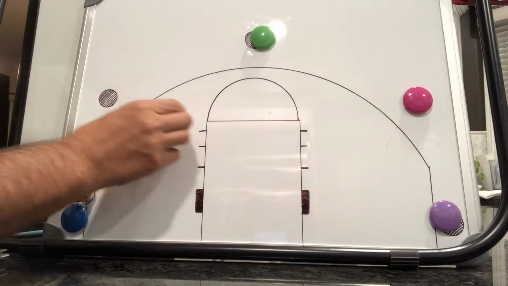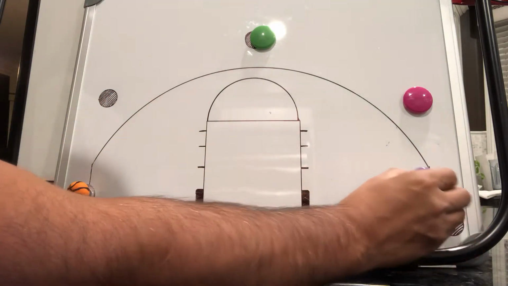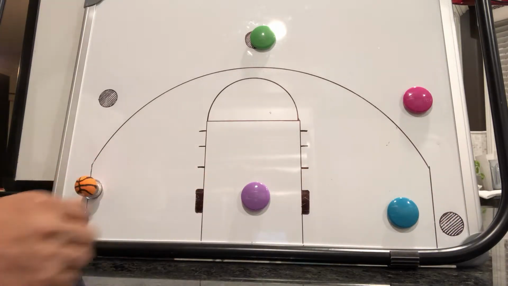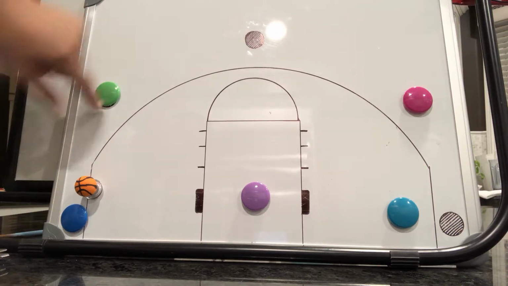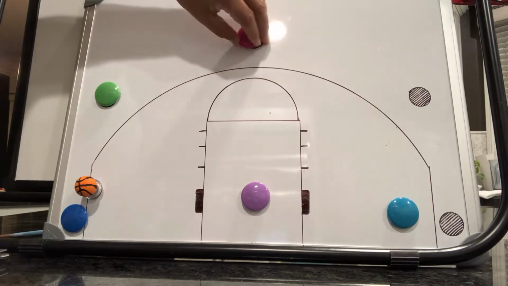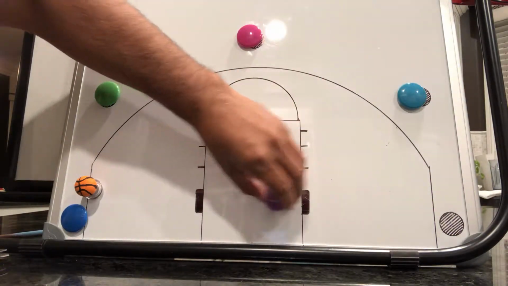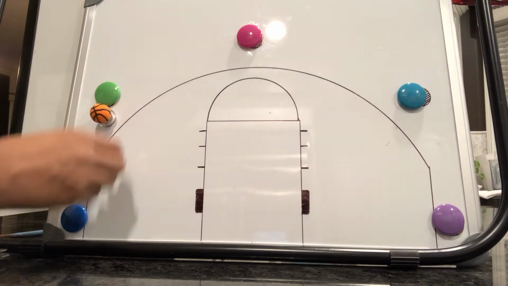He can actually go and set a screen here. Then he curls around the screen. You can feed him. In the meantime, he needs to fill to the slot. That's 1 pass away. So you're filling up, filling up. Take the spot. You can pass up.